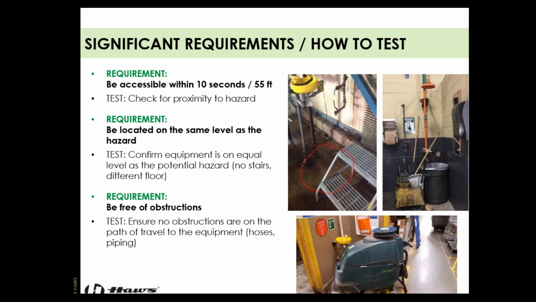Just ensure that there is nothing obstructing the path of travel between the hazard and the emergency equipment. This is really important because of what I explained earlier. It goes in the corner, hopefully you're maintaining it, but oftentimes it's kind of an afterthought, and stuff collects around it, just like you see here in the photo. It builds up around it and becomes an obstacle for somebody that's seeking first aid, and we really need to try to avoid that.